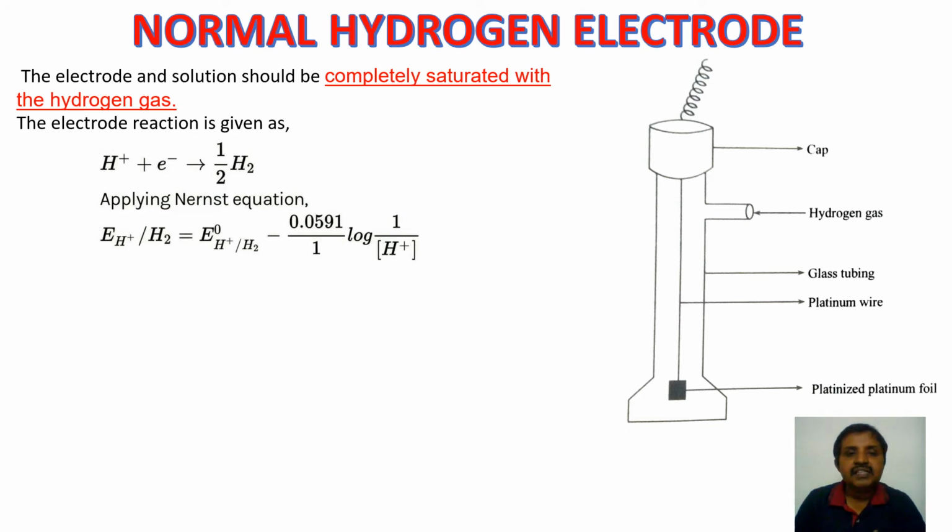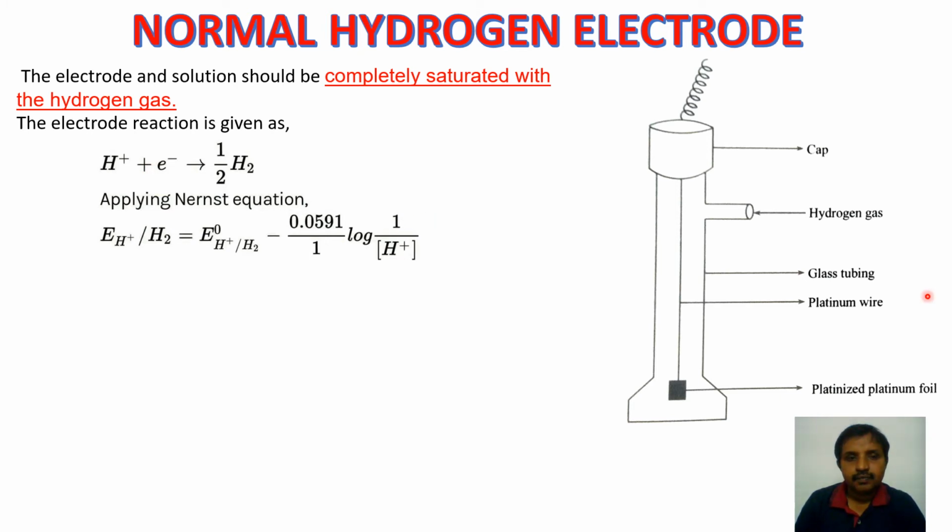On applying the Nernst equation, the potential for the solution with H plus ion concentration is equal to the standard potential minus 0.0591 divided by 1, as the n value is equal to 1, and log of 1 by H plus ion concentration, products by reactants, 1 by H plus ion concentration.